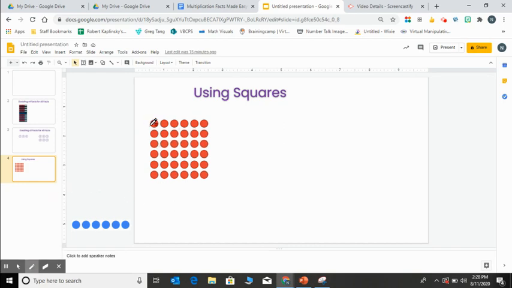Here's an example up here. This is an array, and I have 1, 2, 3, 4, 5, 6 in each row, and I have 1, 2, 3, 4, 5, 6 rows. So this array represents the multiplication fact 6 times 6, or 6 groups of 6.